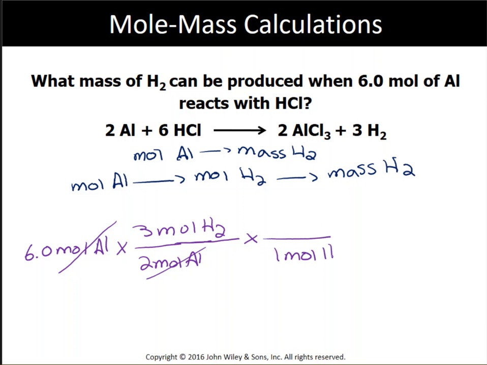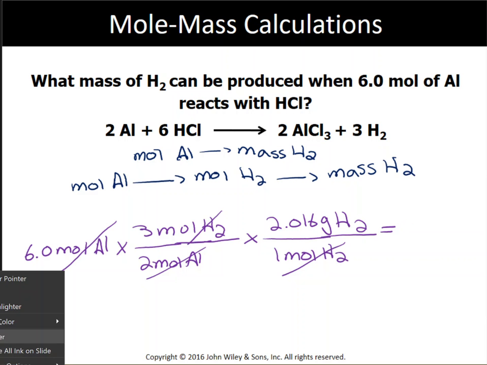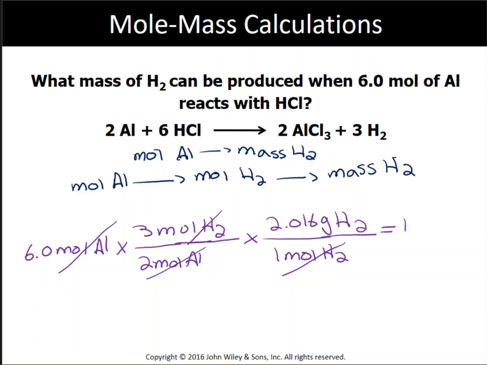So 1 mole H2 is 2.016 grams of H2. So moles of H2 cancel out, and that gives us the mass of hydrogen gas. So from the reaction of 6 moles of aluminum with enough hydrochloric acid, you would expect 18 grams of hydrogen gas.